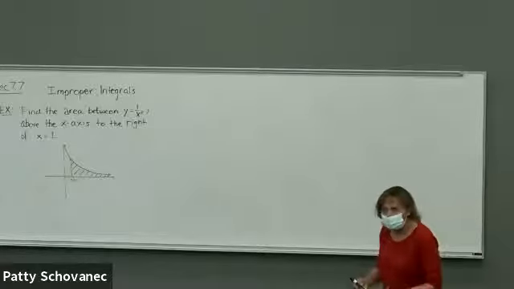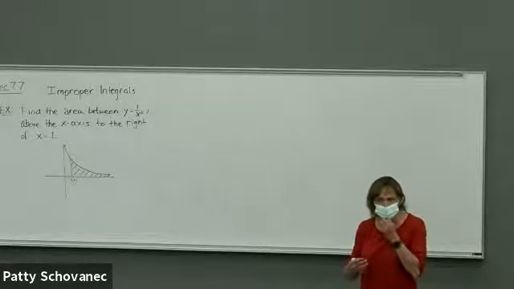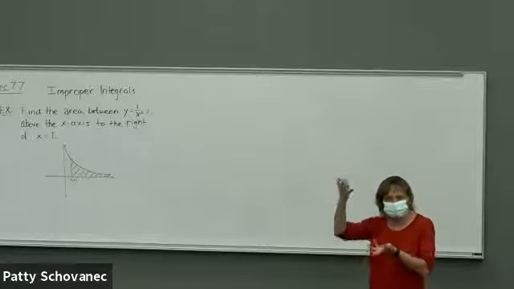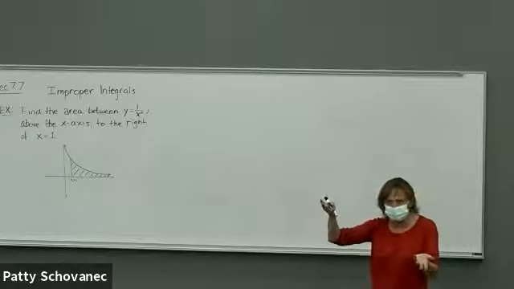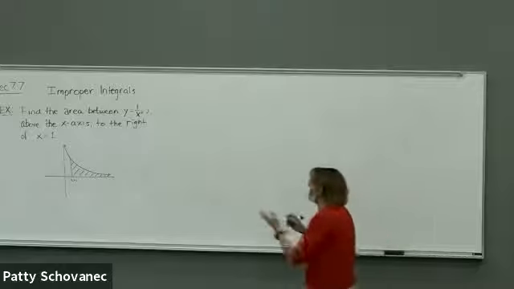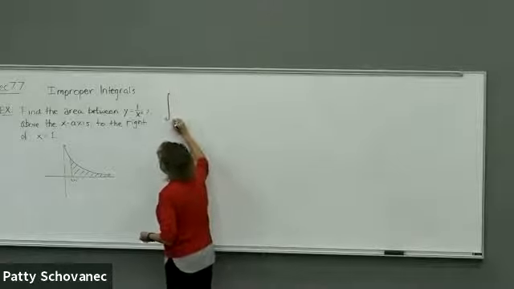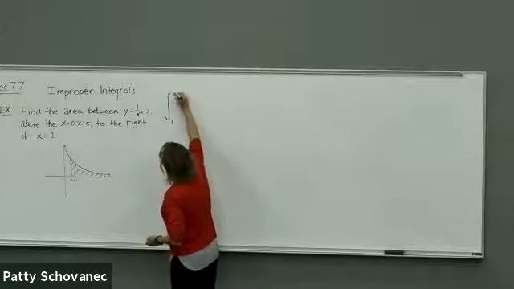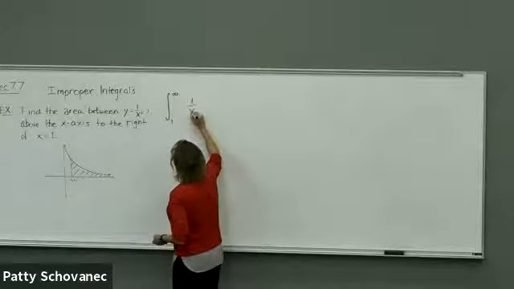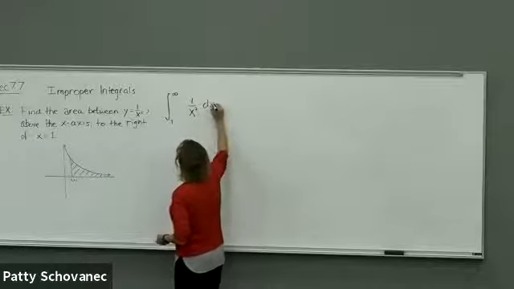So we compute area by computing a definite integral of the top graph minus bottom graph from left endpoint to right endpoint. So here's what we're going to have to compute: the integral from 1 to infinity of 1 over x squared dx.